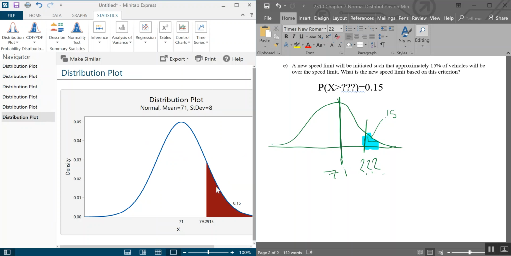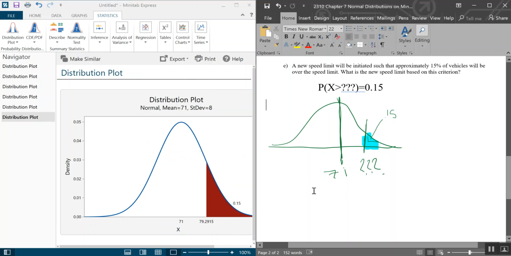I got some editing to do on this. I shouldn't have said that out loud because I'm going to have to remove it. And there is our answer. So it appears that our new speed limit should be 79.29 miles per hour.